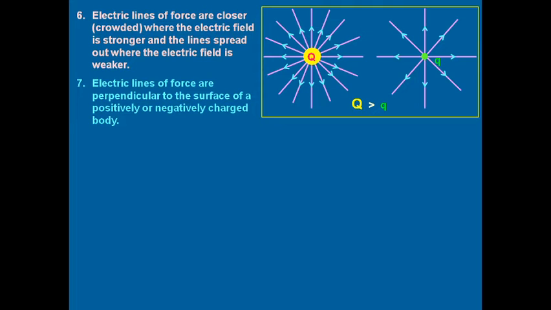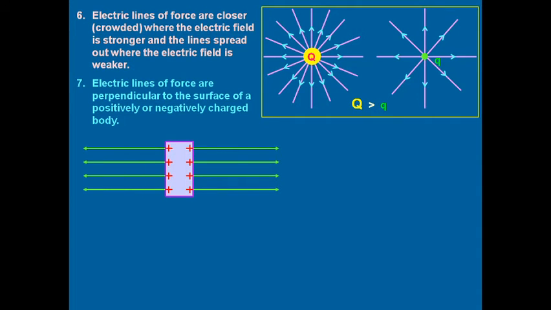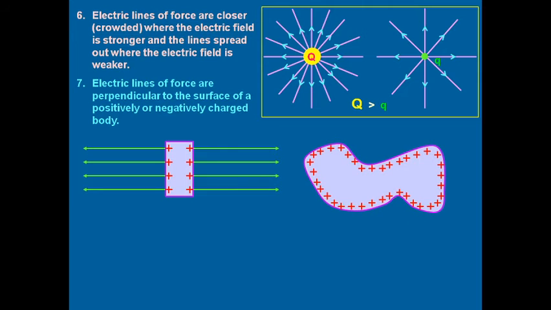Next, the field lines are perpendicular to the surface of a positively or negatively charged body. So if there is a positively charged body, the field lines are in outward direction. If it is a negatively charged body, it is inward direction, but it is always perpendicular to the surface, whether the surface is regular or irregular.